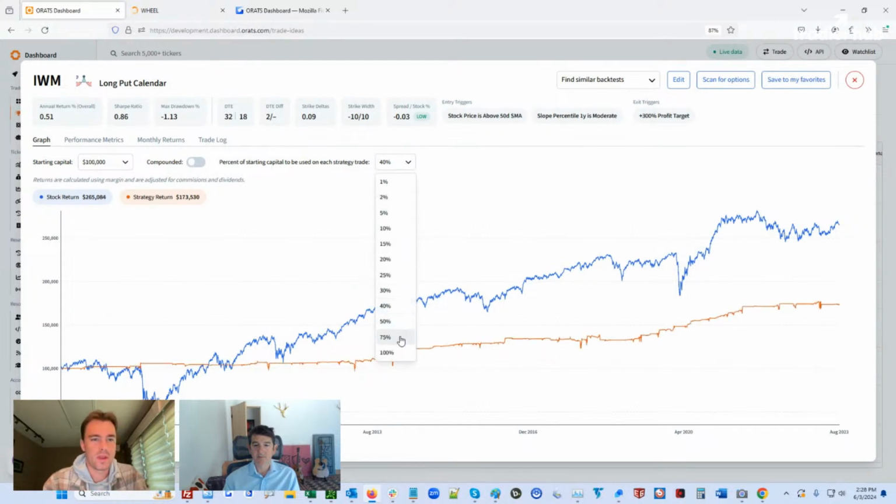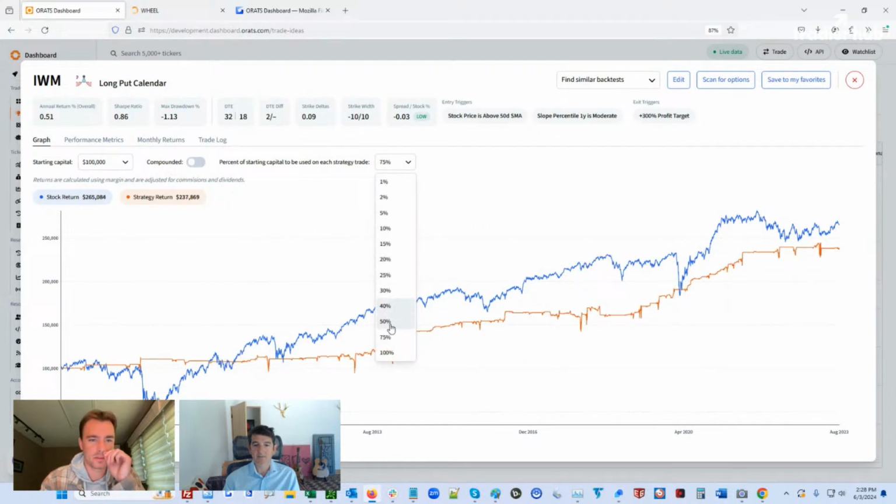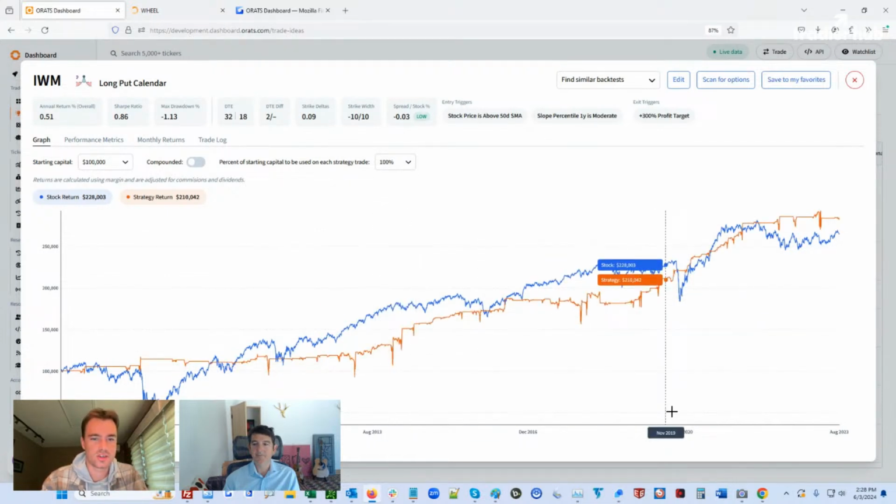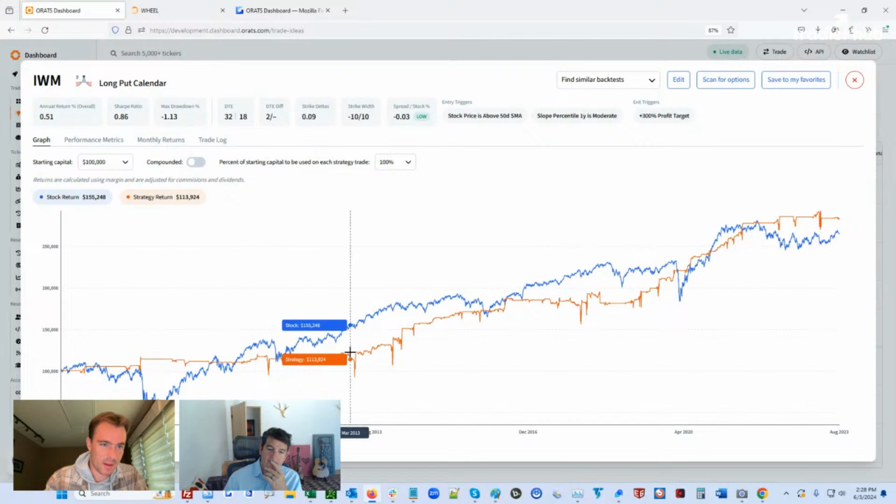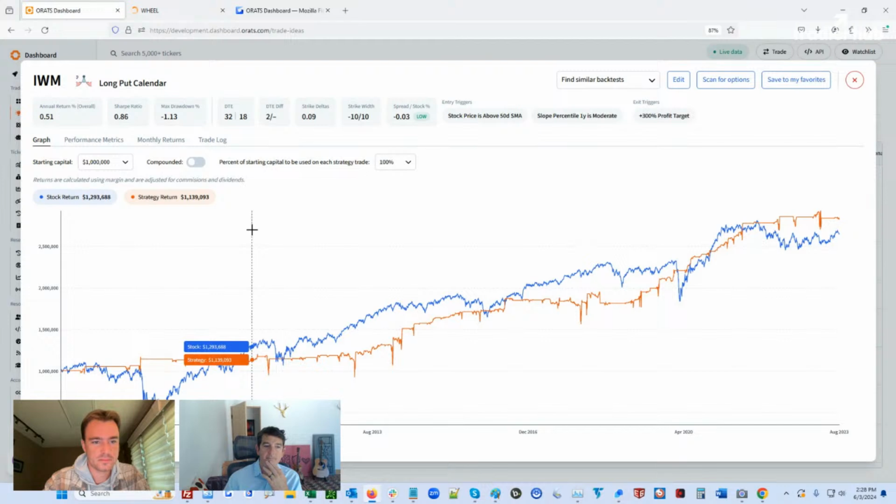So we have this percent of starting capital to be used on each strategy trade drop down that you can change. That essentially invests a percent of that $100,000 starting capital that you can also change on the left. So it's just an easy way to see, okay, how much would I have had to invest to match the dollar return there.